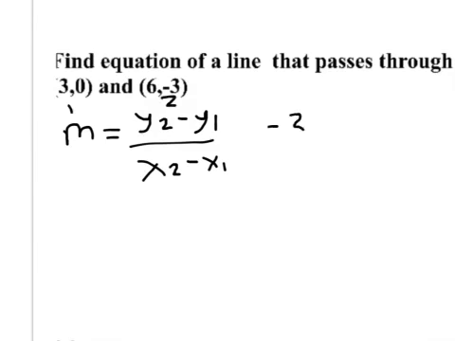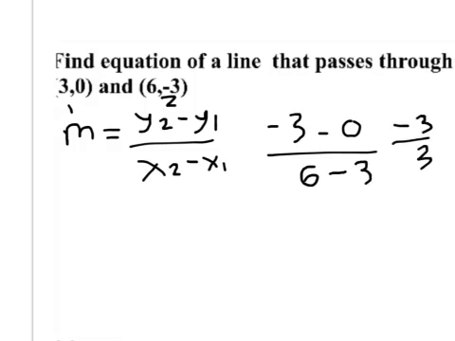So negative 3 minus 0 over x2 would be 6 minus 3. So negative 3 over 3, which gives me a slope of negative 1.